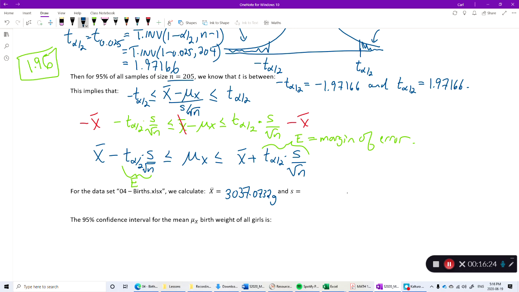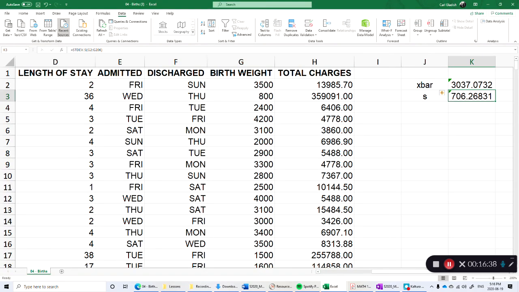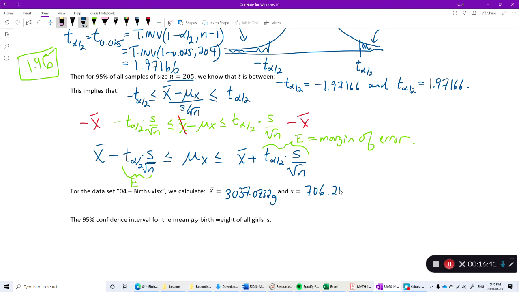They measure the child in grams. It seems a little funny, like we're measuring bulk food or something. And S is 706.268 grams.